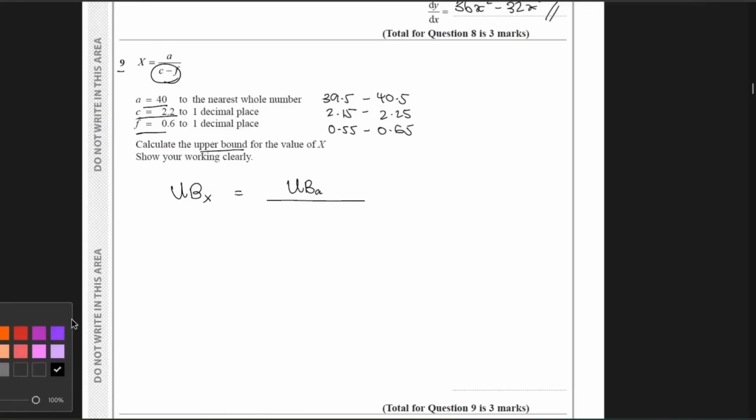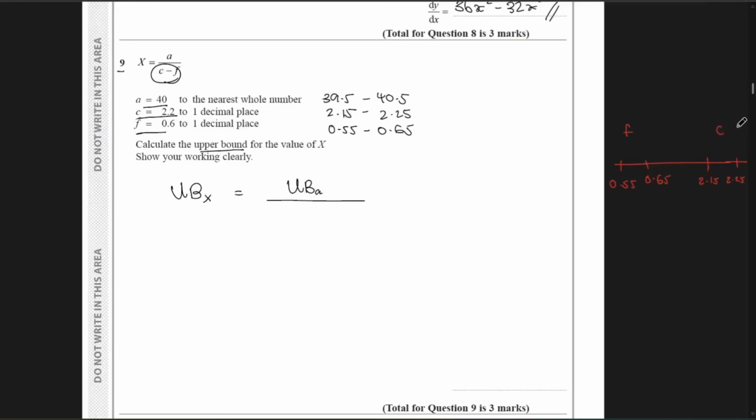There's one way to picture this. If I draw a number line, I can show 0.55 and 0.65 and 2.15. The upper bound of c is 2.25. So we can see that these two are values of f. These two are values of c.